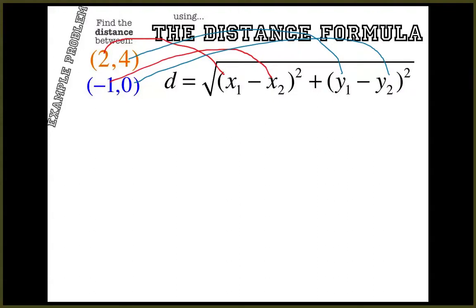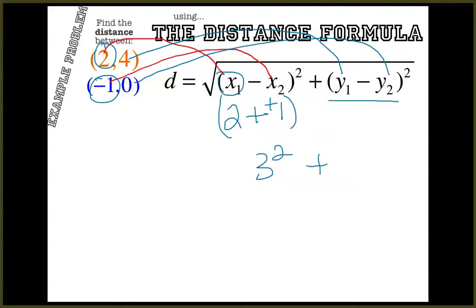This one was 2. So I'm going to put 2 minus, wait, what was x2? Oh, x2 was this one. 2 minus -1. What happens when you do minus -1? Oh yeah, that becomes plus 1. This is really just 3 squared.